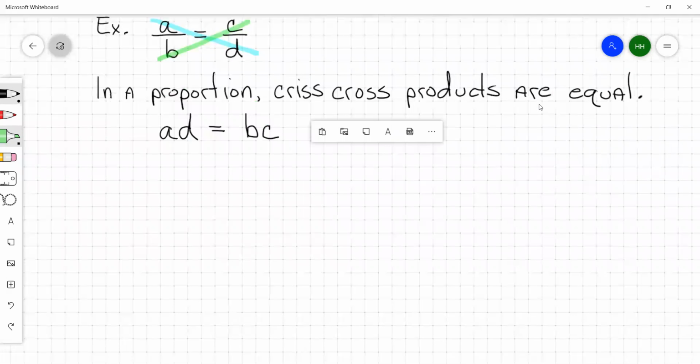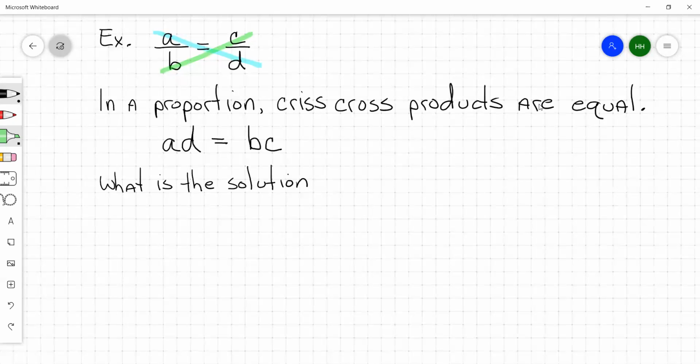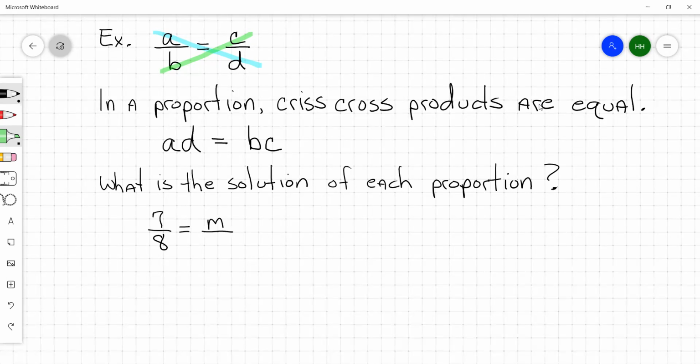So in its simplest form, if you're asked, what is the solution of each proportion, and you're given 7/8 equal to M over 12.